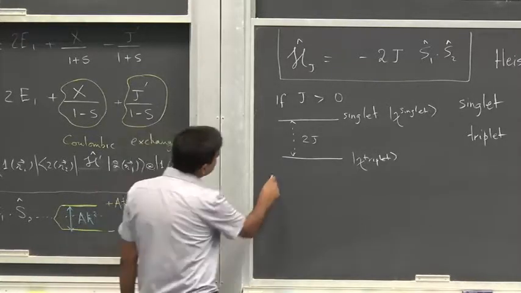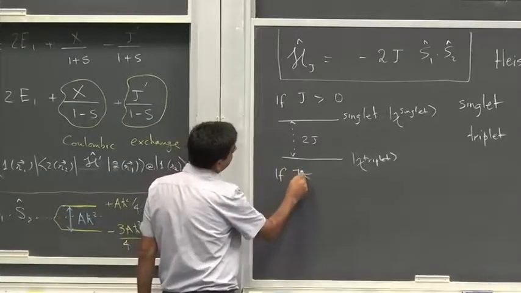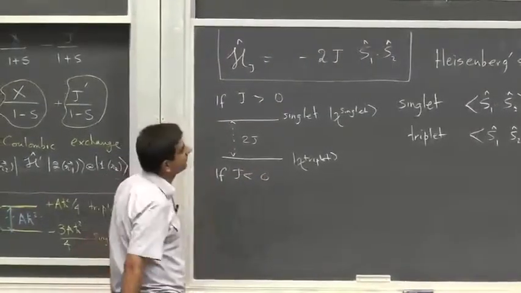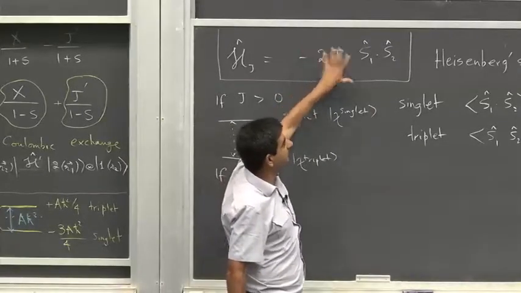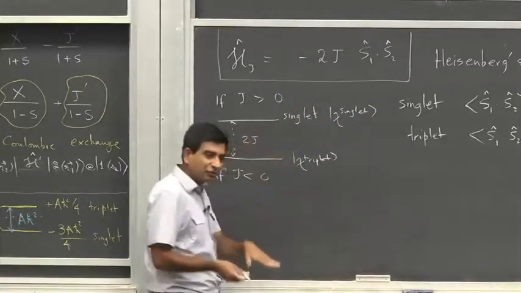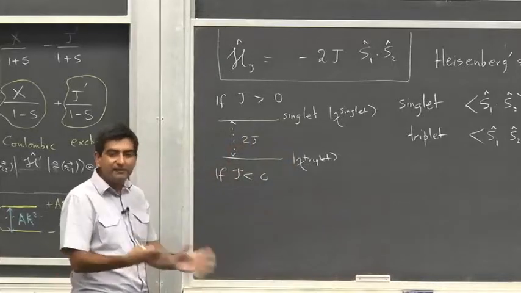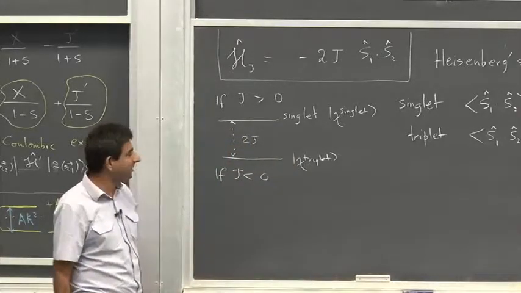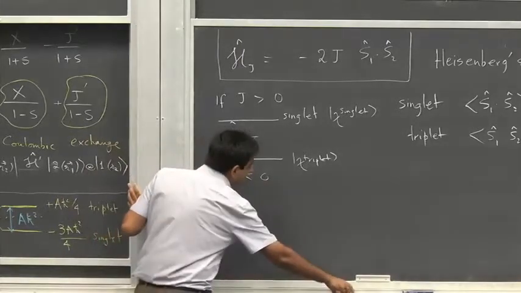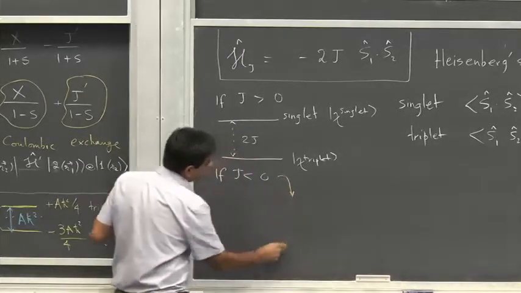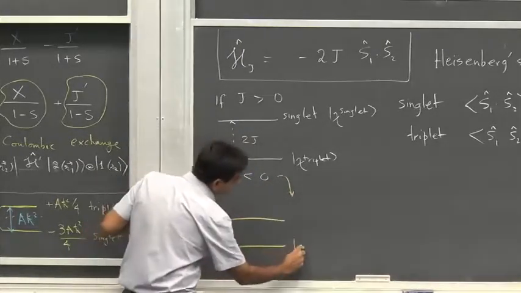Likewise, if J is negative, then this thing becomes positive. The singlet is then the lower energy state, and anti-ferromagnetic alignment is preferred. So for J negative, we have anti-ferromagnetic alignment. Singlet is now lower in energy.